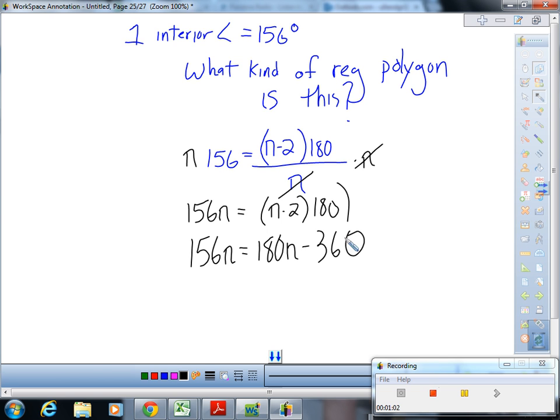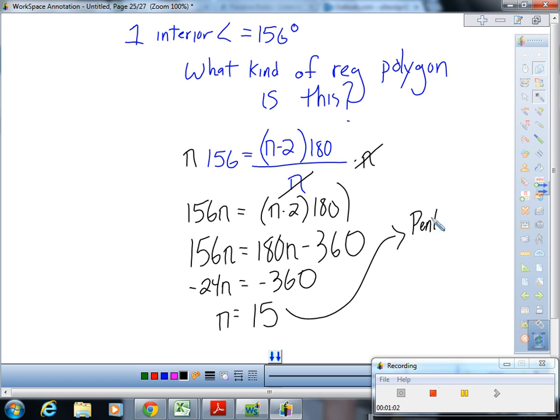Subtract 180n from both sides, and I get negative 24n is negative 360. So n is going to be 360 divided by 24. Is that 15? So this is a pentadecagon.